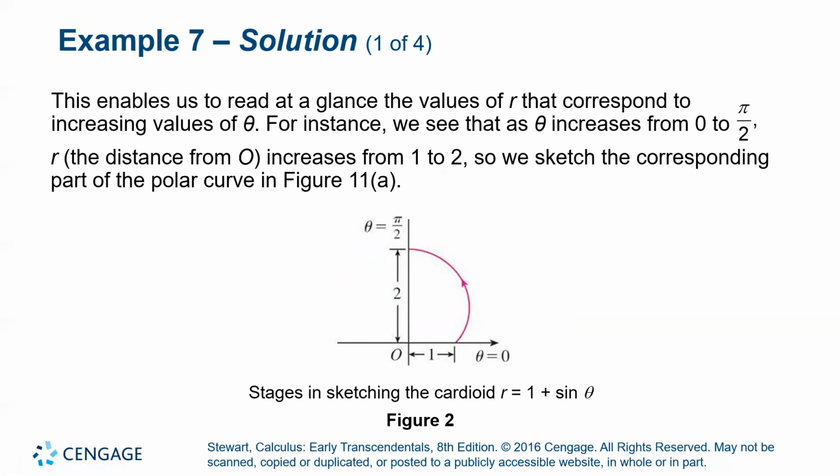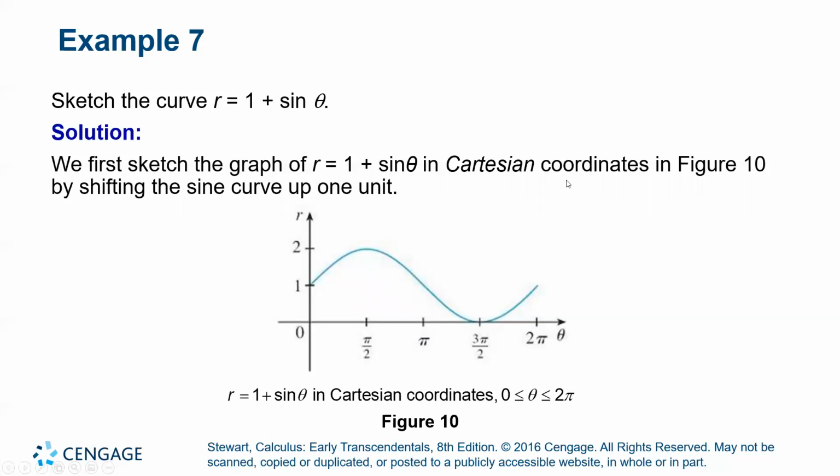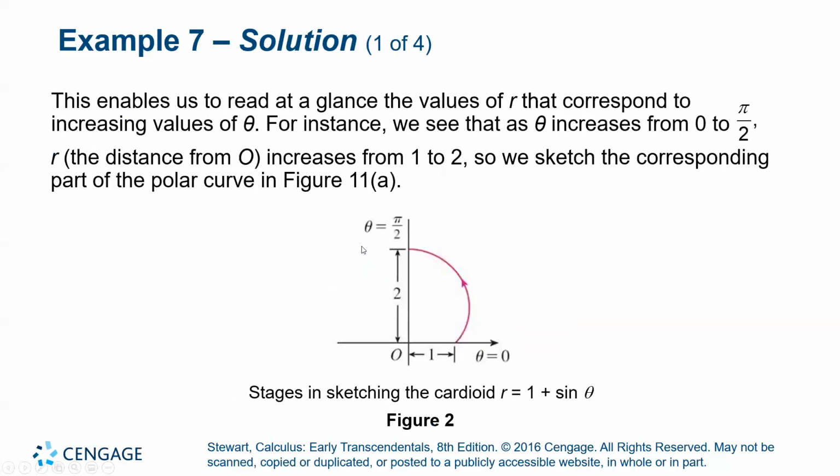Now, looking at that graph enables us to figure out what r would be as theta changes, because remember, the polar coordinate system is using r and theta. So if we look at what's happening to r as theta goes from 0 to pi over 2, you can see r starts out as 1, and as we go towards pi over 2, r grows to a value of 2. So again, as theta goes from 0, which on a polar coordinate system is the x-axis, pi over 2 gets us up to the y-axis.